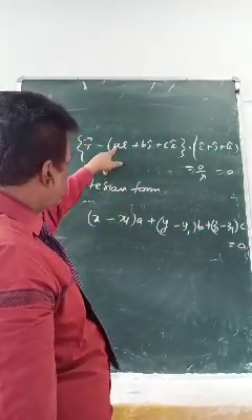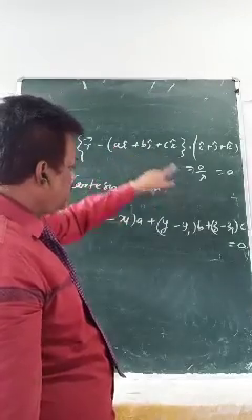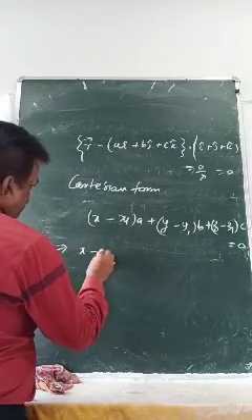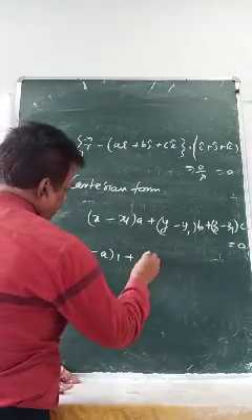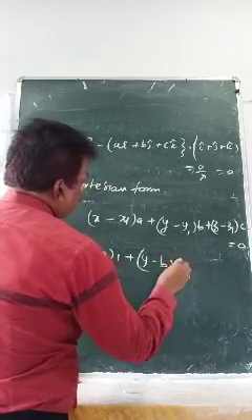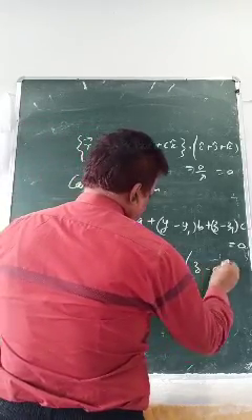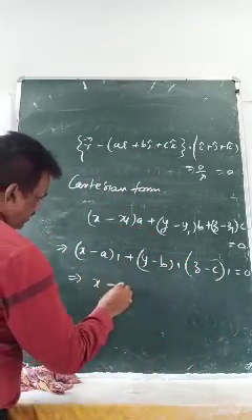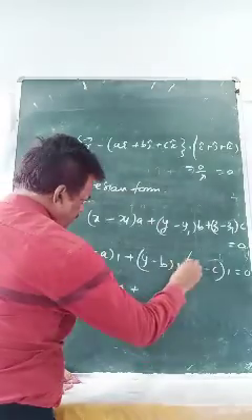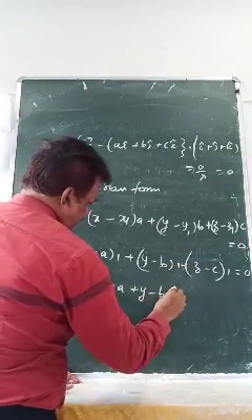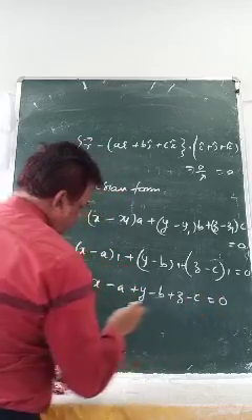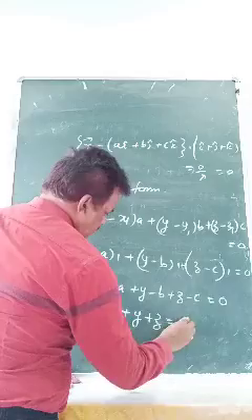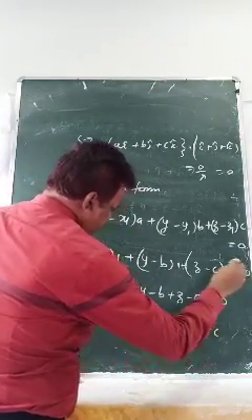Here x1 is a, y1 is b, z1 is c. So you can write x minus a into 1, y minus b into 1, z minus c into 1 equals 0. Means x minus a, y minus b, z minus c equals 0. This implies x plus y plus z equals a plus b plus c.